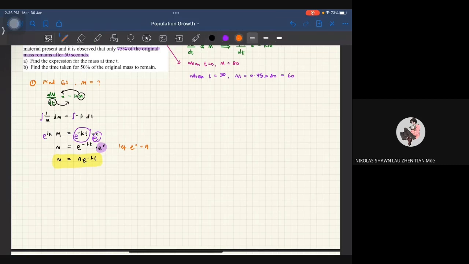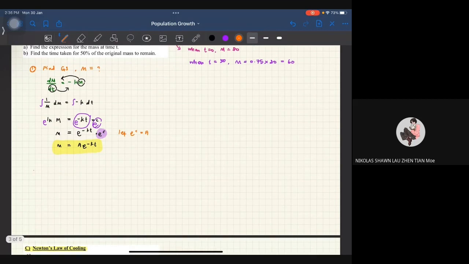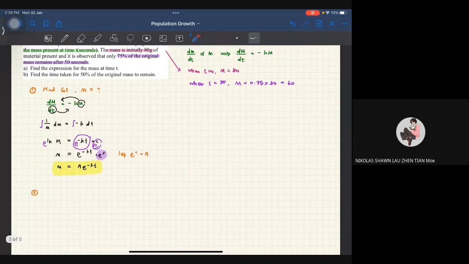Okay, so step kedua tadi kita kena buat apa? Cari A. Cari A, betul. So nak cari nilai A, kita gunakan information yang kedua yang soalan bagi, which is this one lah. Okay, so when t is equals to 0, and then you will get m equals to 80.